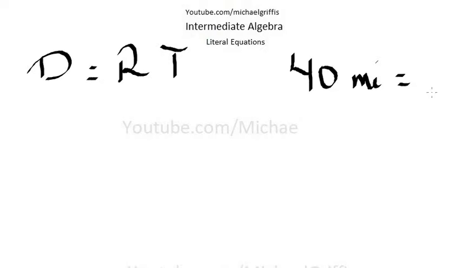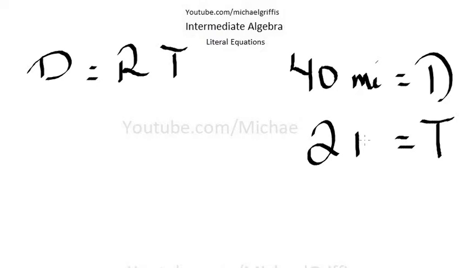Okay, we'll say distance is 40 miles and time 2 hours. So let's say that you went 40 miles in 2 hours.